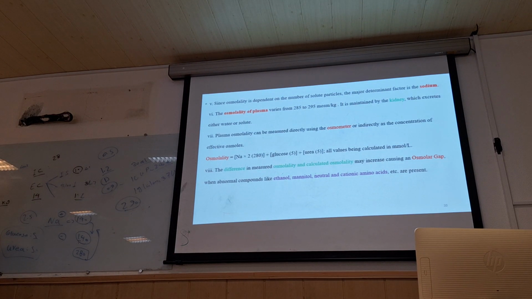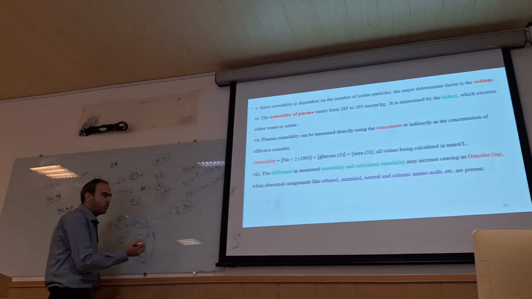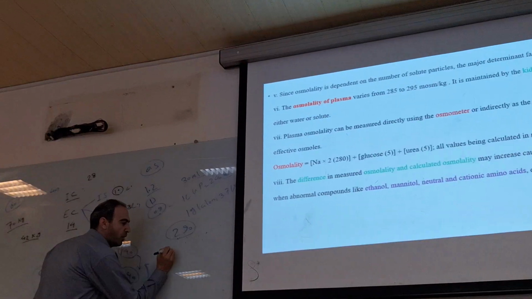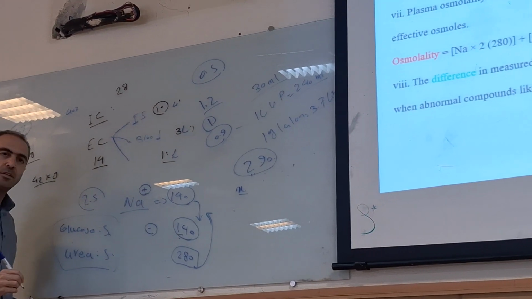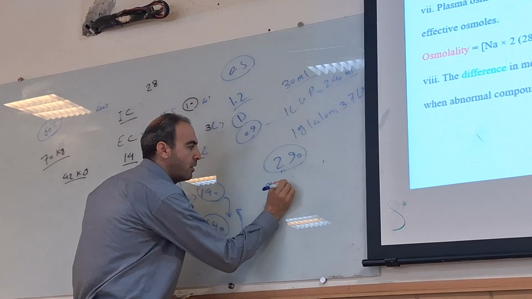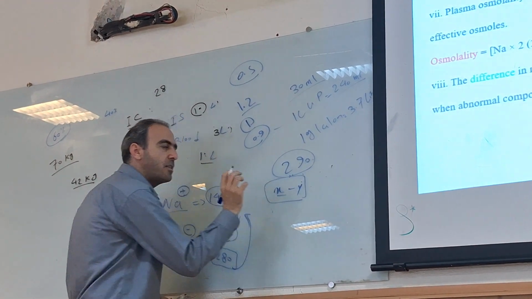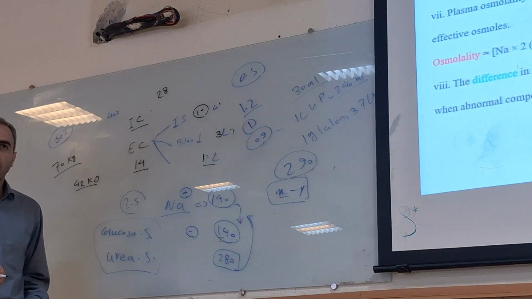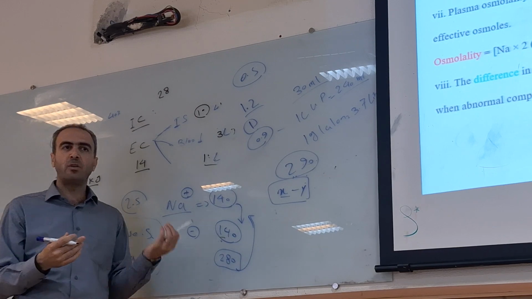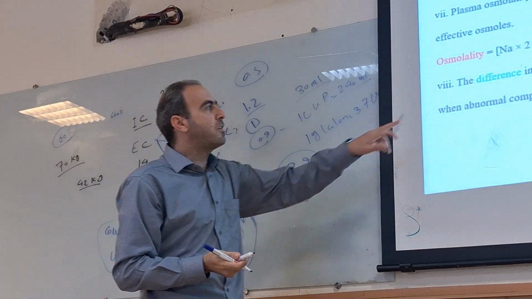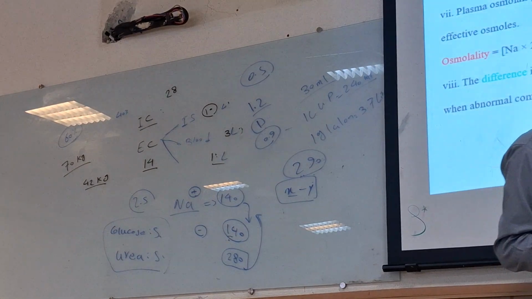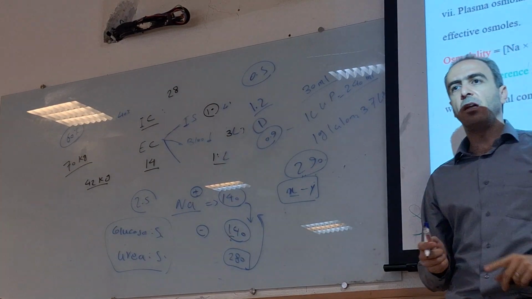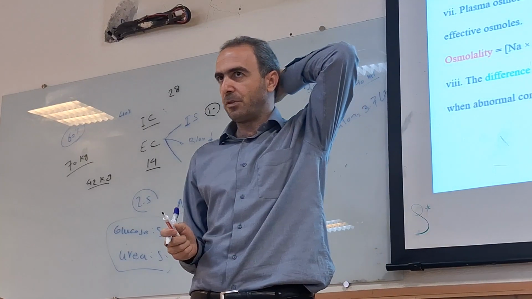Sometimes when we measure osmolality directly by osmometer, we have one number, for example X, and when we calculate it, it is Y. There is a difference between X and Y when we directly measure and when we calculate it. This difference is known as the osmolar gap, like the anion gap, which I will talk about.